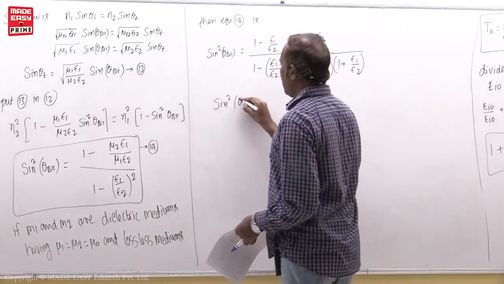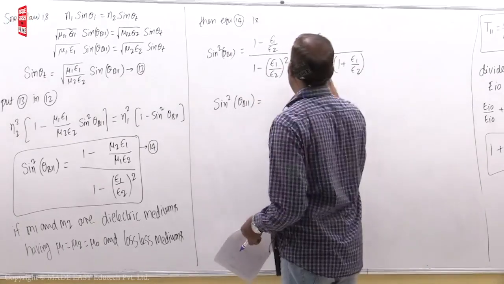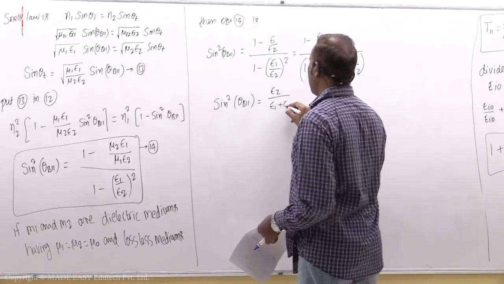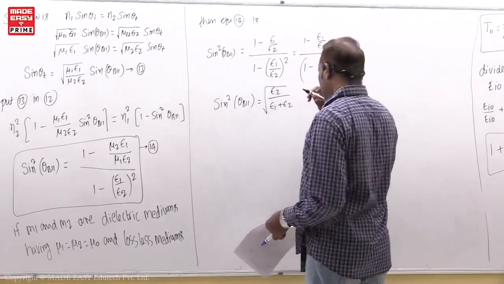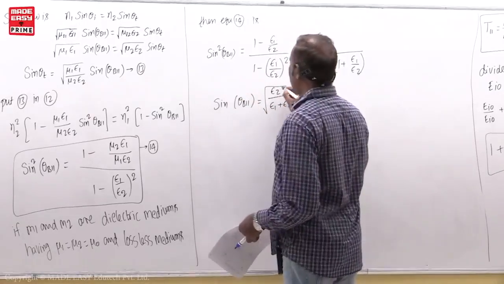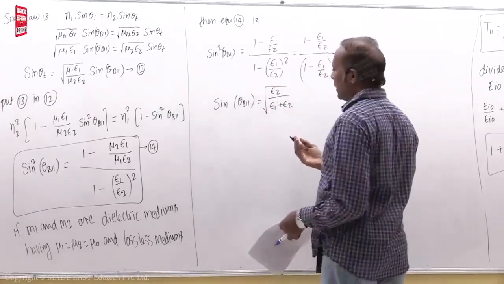So sine square theta b parallel is equal to epsilon 2 by epsilon 1 plus epsilon 2, under root, that becomes sine.